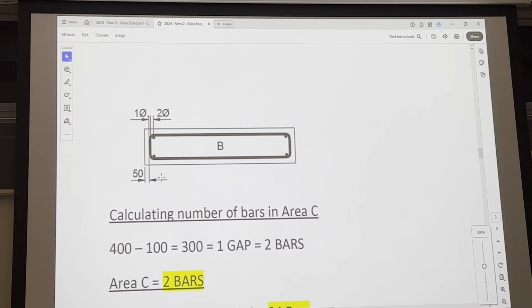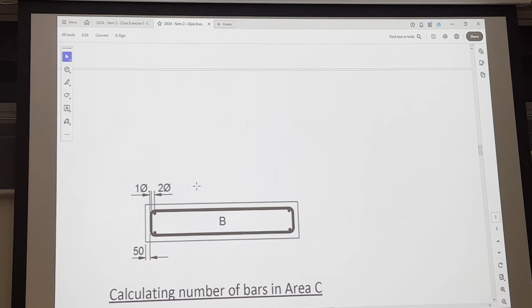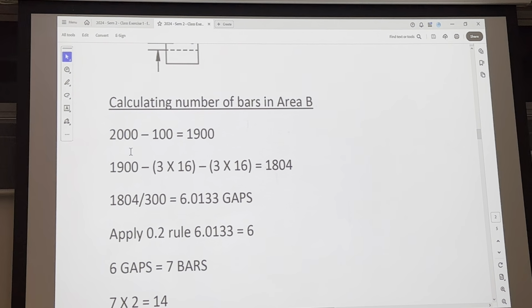So when calculating it, it is as follows: 2 meters wide minus 100 equals 1900, minus 3 times the diameter at one end, minus 3 times the diameter at the other end, equals 1804. 1804 divided by 300 equals 6 gaps, but it's not 6, it's 6.01. Using the rule, it goes to 6, it stays at 6. Therefore, applying the 0.2 rule, it stays at 6, so that's 6 gaps.